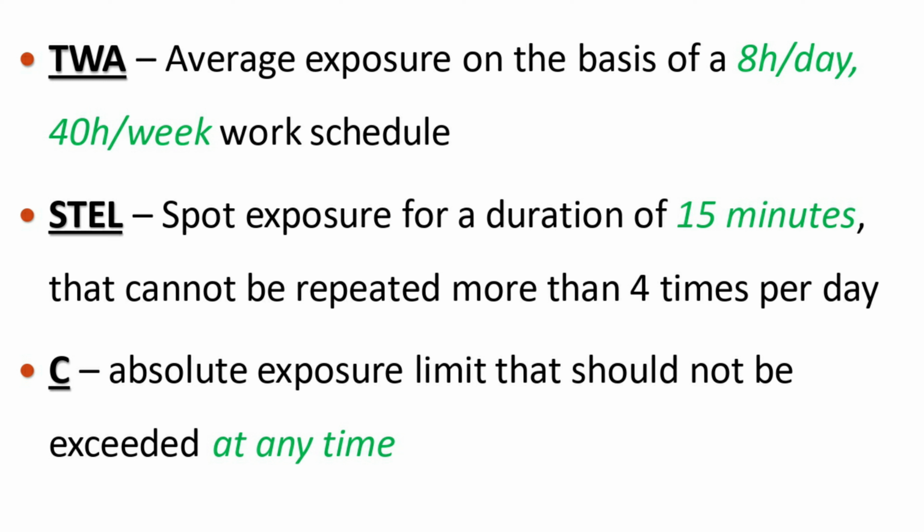TWA, average exposure on the basis of an 8-hour day, 40-hour week work schedule. STEL, spot exposure for a duration of 15 minutes, that cannot be repeated more than 4 times per day. C, absolute exposure limit that should not be exceeded at any time.